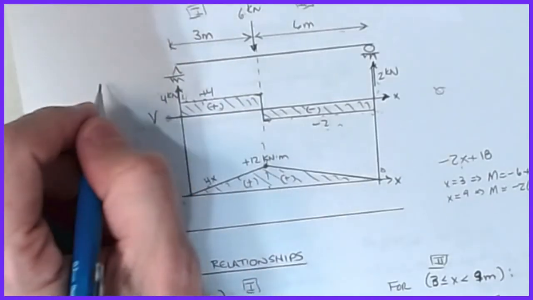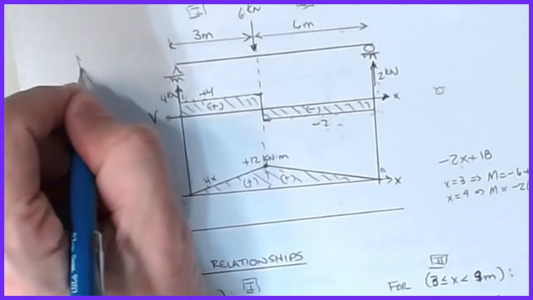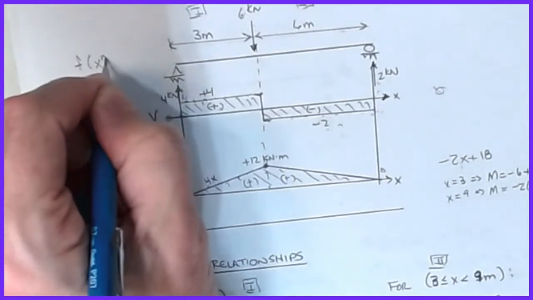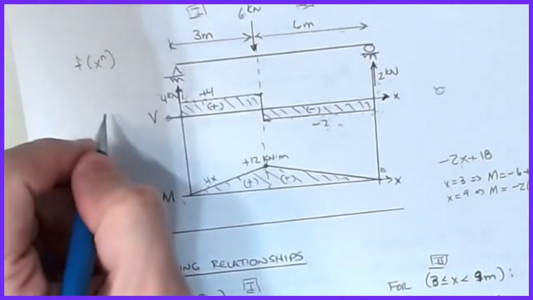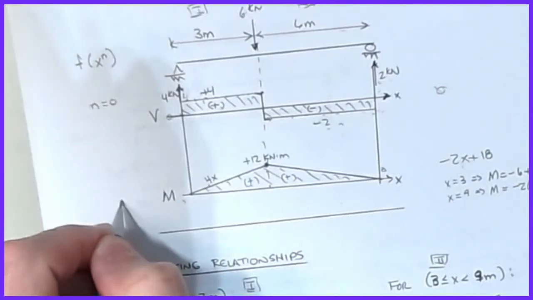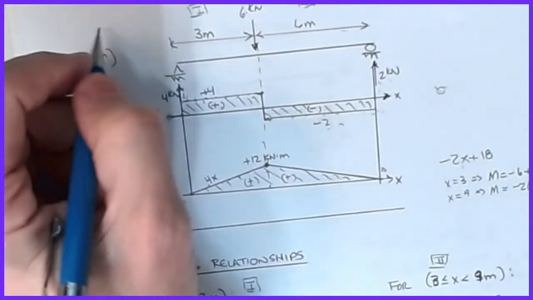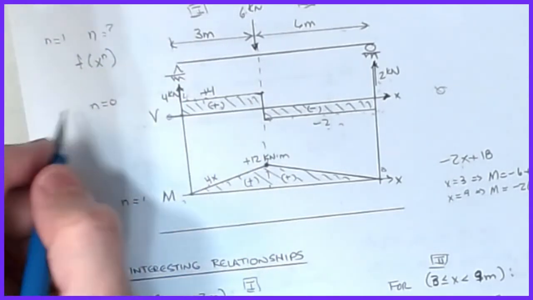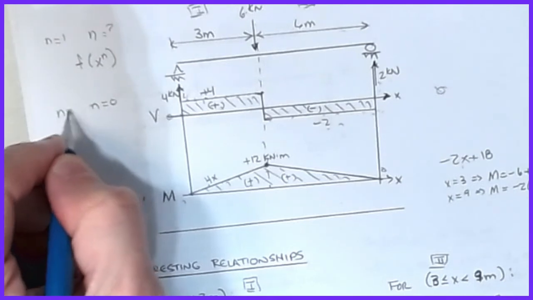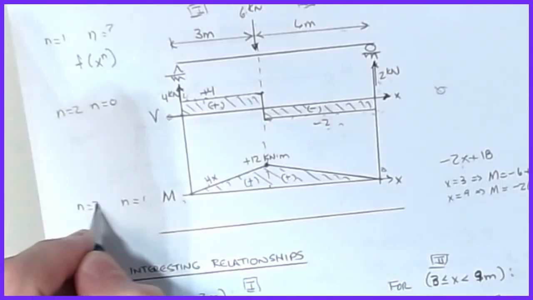So if you remember, if we define the order of a function as some x to the n power, here n is 0, this is n equals 1, and this is some undefined n, it doesn't really apply. But if this n is a 1, then this n becomes a 2, and this n will become a 3.